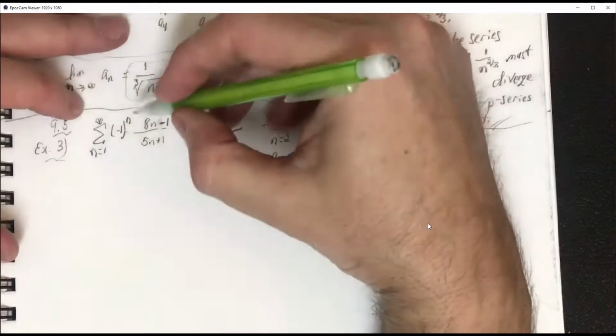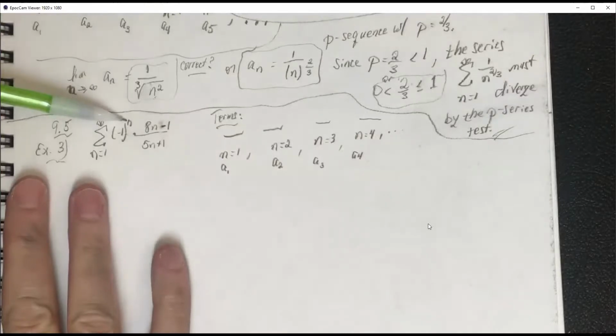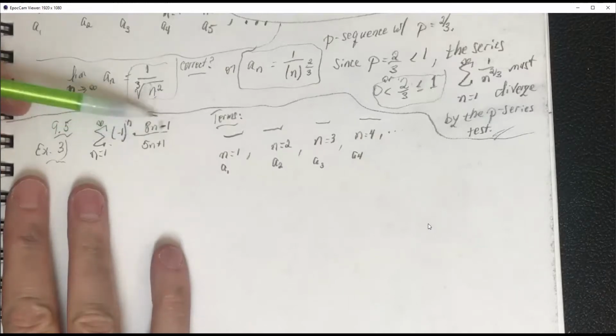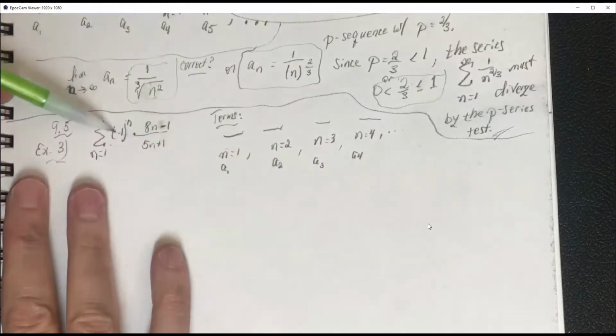We talked about this a little bit, I believe, maybe not. What happens when you put a 1 right here for n? What's negative 1 to the first power, of course? Negative 1, times whatever this is. What happens when you put a 2 in? What's negative 1 squared? 1. 1 times whatever this is.